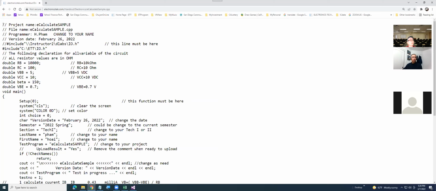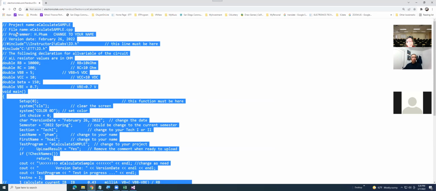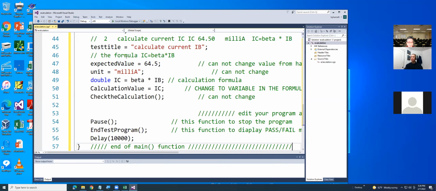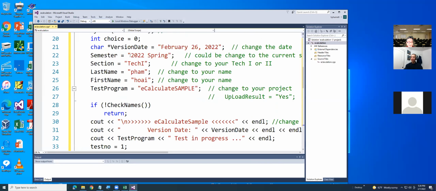Then press Control A. That means you try to copy everything. Then Control C, copy. Okay. So you can leave it out. Now go into your Visual Studio. Control V. See that? You get everything.